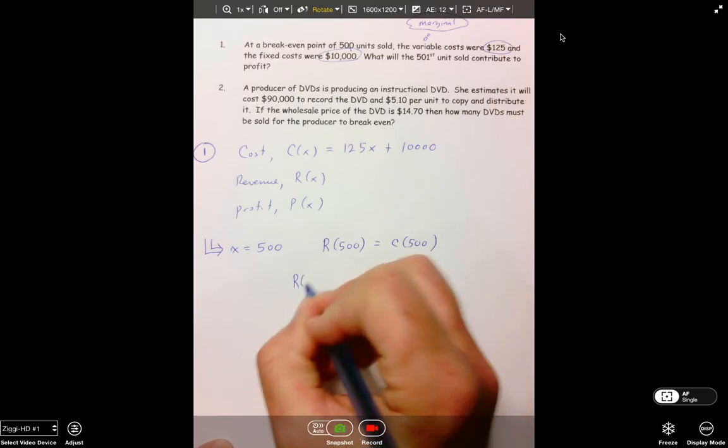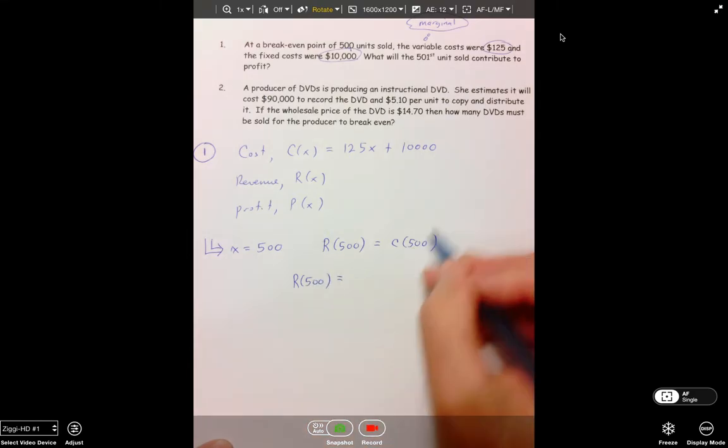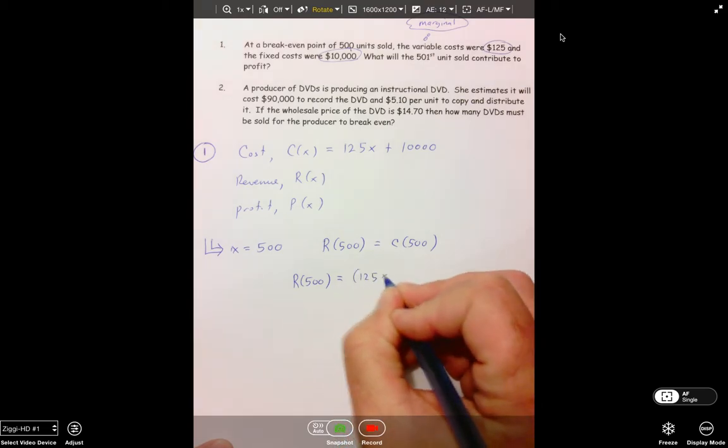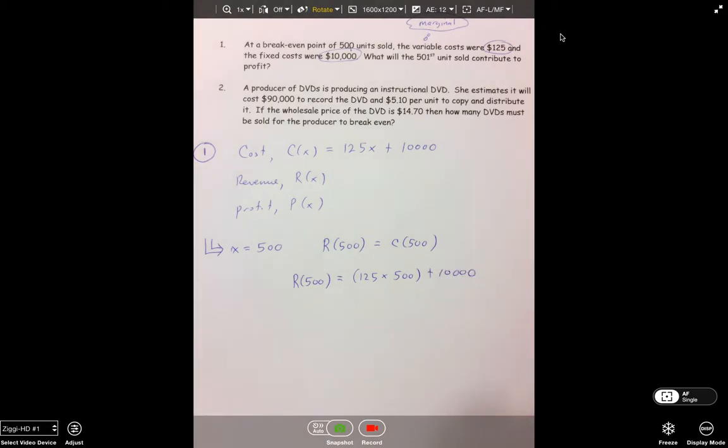So the revenue at 500 has to be this value put into my cost function. All right, so I'm going to use my calculator here. So we get 72,500.